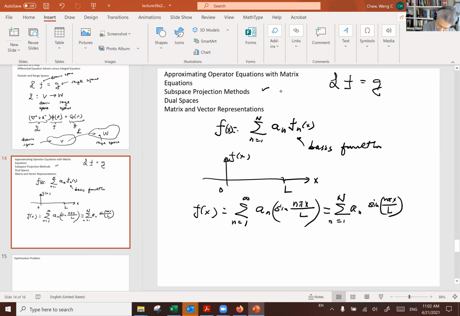So instead, if we have a function f of x, then we sample it at discrete points. We know their values. And then we use triangle functions to approximate them.